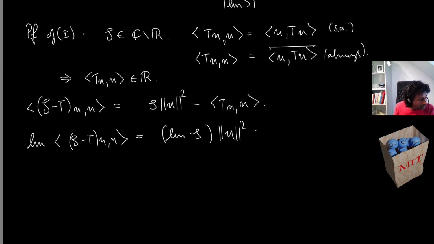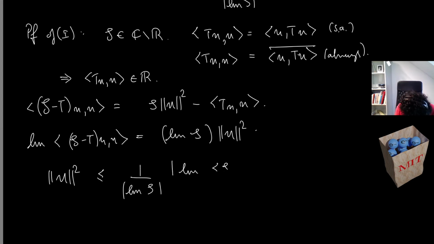So now we have norm u squared is less than or equal to 1 over the modulus of the imaginary part of zeta, times the inner product of zeta u minus Tu with u.